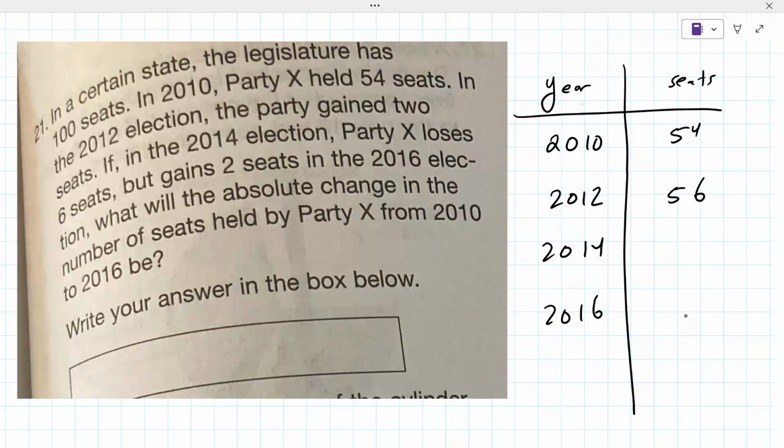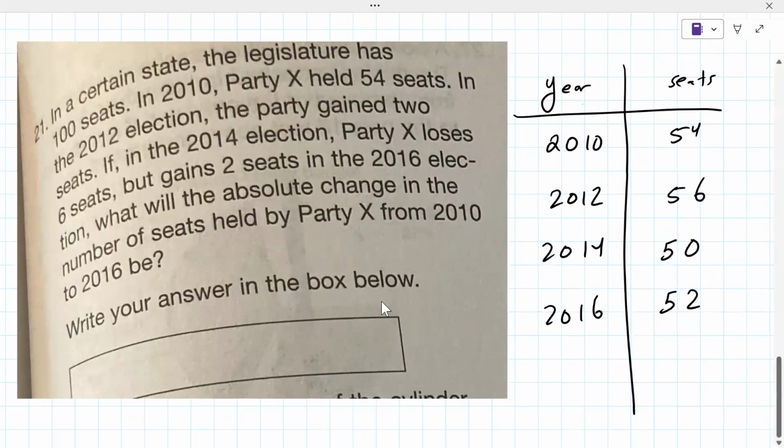And then 2014 they had 50, and then okay, and then gains 2 seats the next year. I thought it was loses and then gains in the same year. And then 2016 would be a 52.